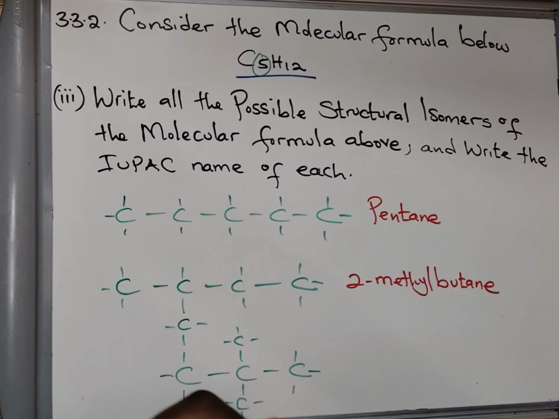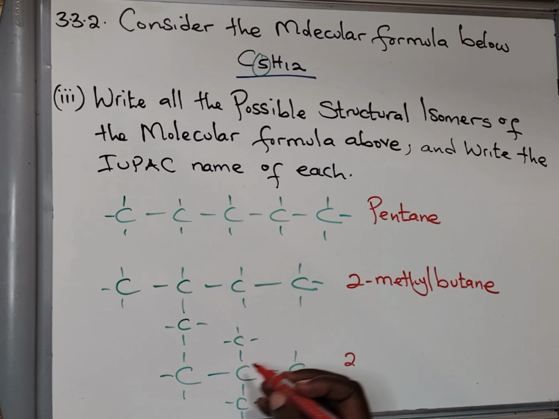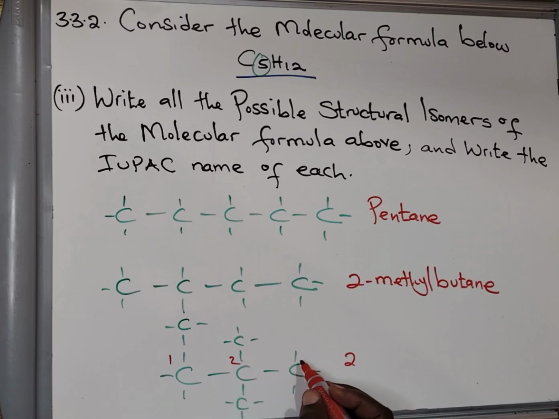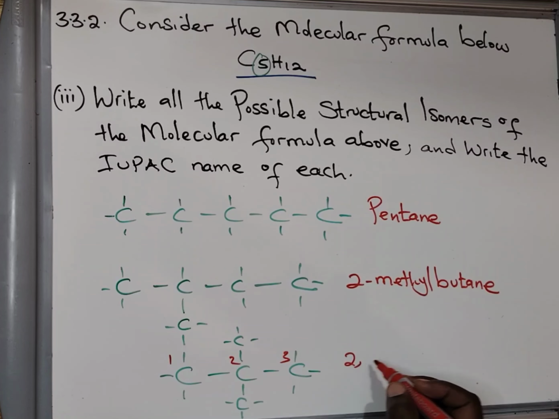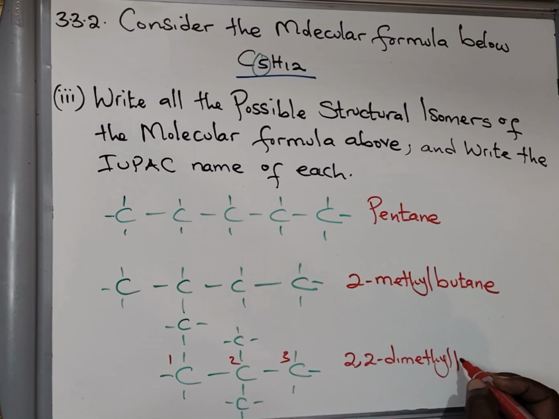What is the name? The name is 2,2-dimethylpropane, because it is 1, 2, 3.